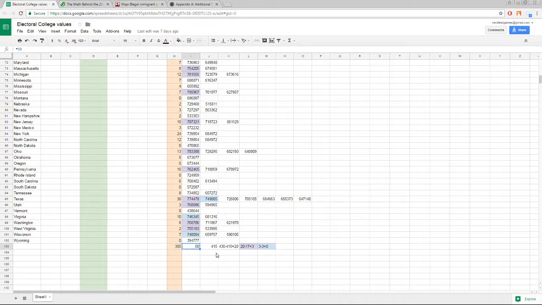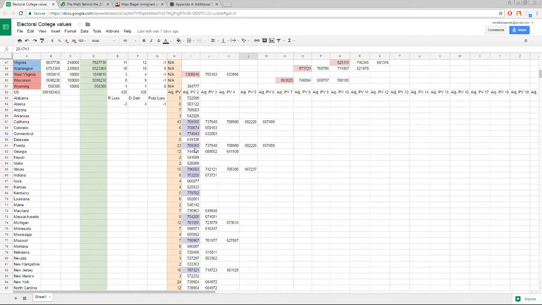And then remember the initial 50 that are given out, 1 to each state, to make sure that each state is represented. And you end up with 415 seats. Now we needed 435, so that means I needed 20 more.